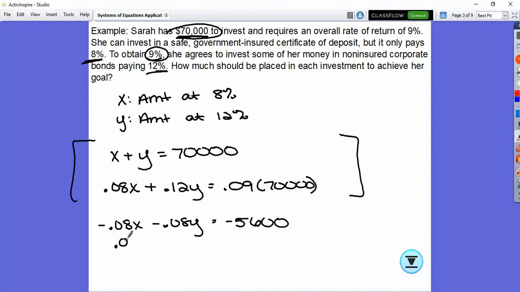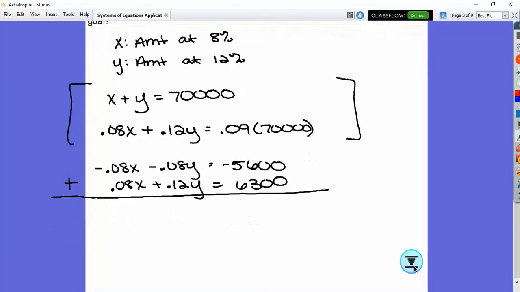The second equation, we're not changing it, but I am just going to rewrite it. And I'm going to go ahead and multiply the 0.09 times 70,000. That's 6,300. So then if I add, my x's cancel. Negative 0.08 and positive 0.12 is 0.04. Equals 700.